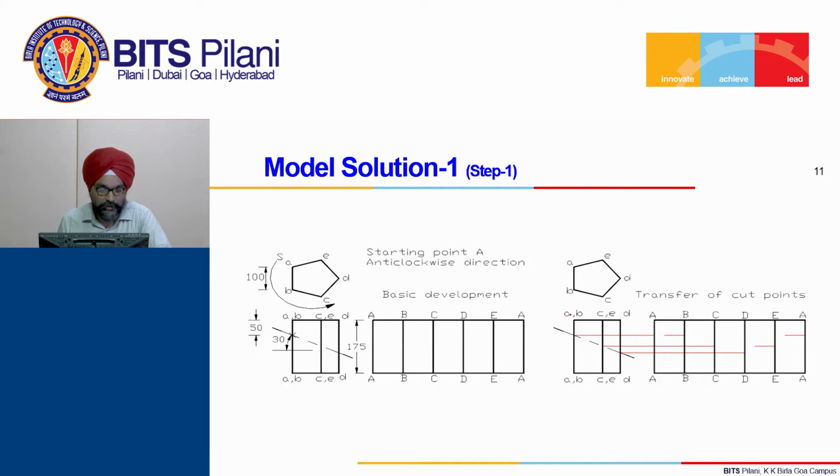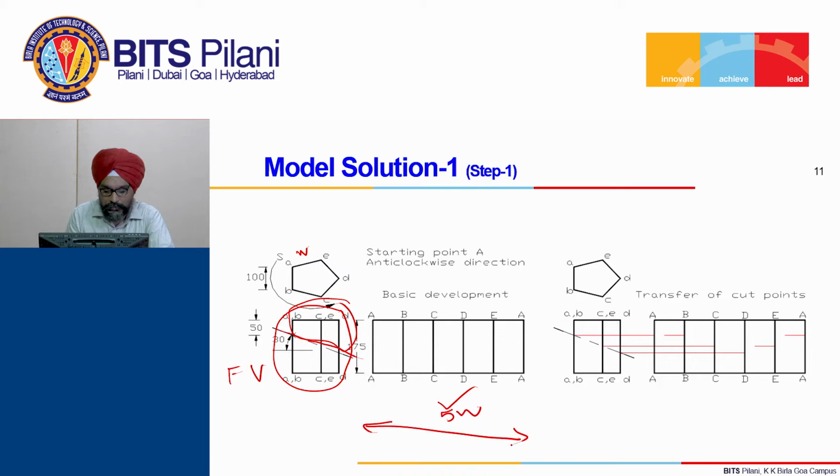When you have a prism, you can see here the prism is given, and it is cut by a section plane, and the top portion will be removed. Because it is the third angle method, and here we have the front view, the portion between the section plane and the observer is the upper portion. Then the development has been explained: let us say this is W, then 5 W, so we have carried out the development.